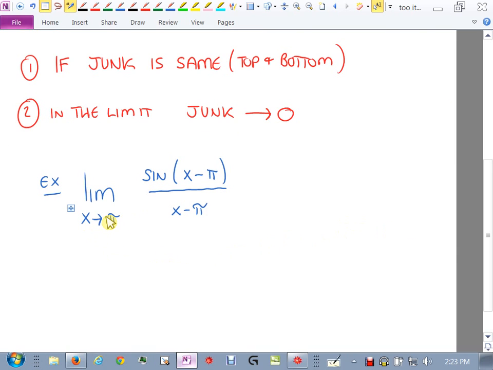Okay, do you have junk? Are they identical? Yes. Okay, if x goes to pi, is the junk going to 0? If x goes to pi, what's pi minus pi? 0, right? And pi minus pi is 0 there. So they're both going to 0. As x goes to pi, both of these things are going to 0. So yes, the answer is 1.